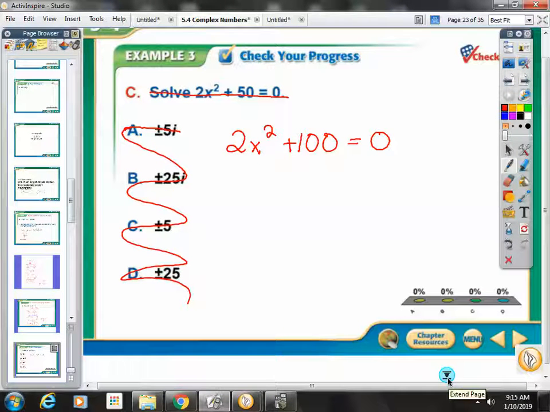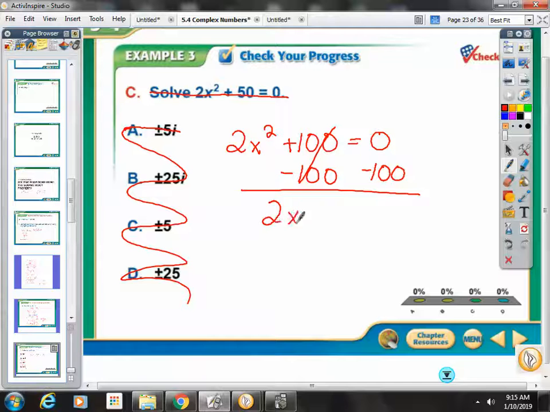To solve this equation, what should we do first? Subtract 100. So 2x squared equals negative 100. Do you agree we divide by 2 next?